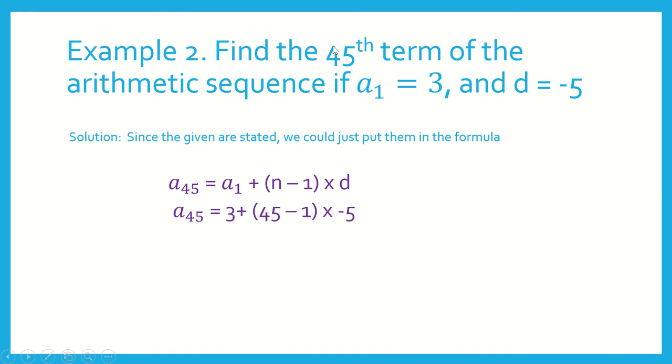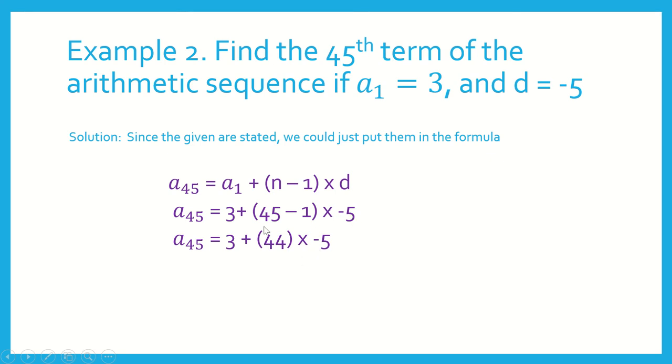Take note, our n is 45. So a sub 45 is equal to a sub 1, which is the first term, 3, plus n is 45, minus 1, times the d, which is negative 5. Let us continue. Again, we have to make sure that we do this first before we do other operations. So we have 3 plus 45 minus 1, which is 44, times negative 5.